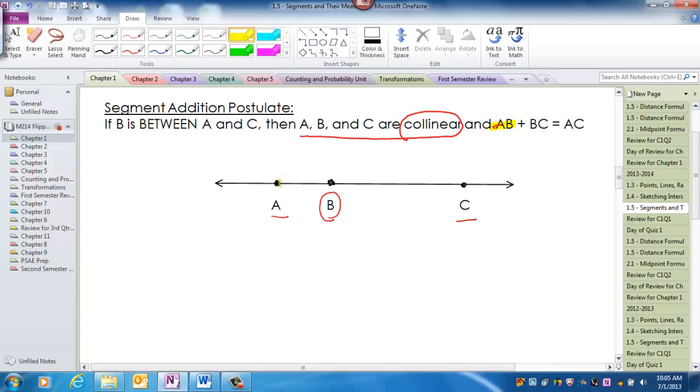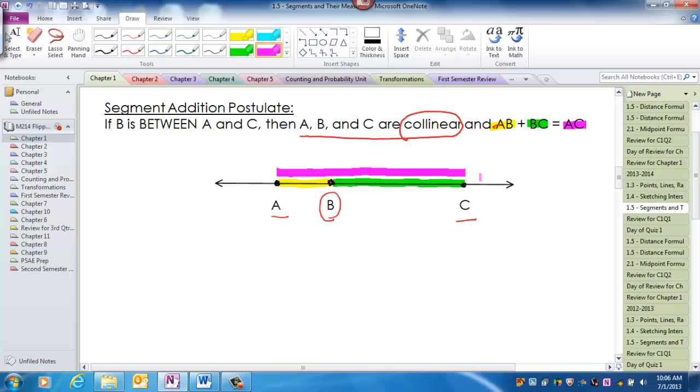AB, so the measure from A to B, and then BC, the measure from point B to point C, if you add those together, then you will get the measure of A all the way to C. So in this picture, the yellow segment, that measure, plus the measure of the green, equals the measure of the purple.